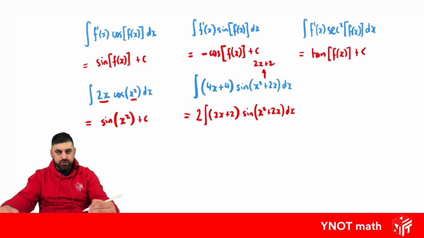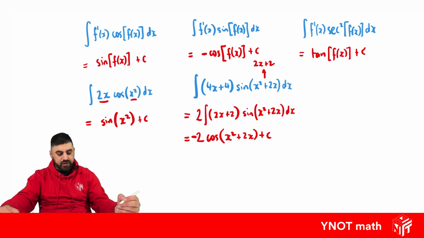And now the derivative of our function is being multiplied by our trig function. So we can rewrite this as we've got our 2 outside the integral as well. And the integral of sine is minus cos, so we need a minus. And we get the cos of the function, which is x squared plus 2x, plus our constant.